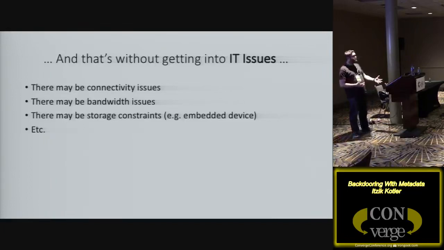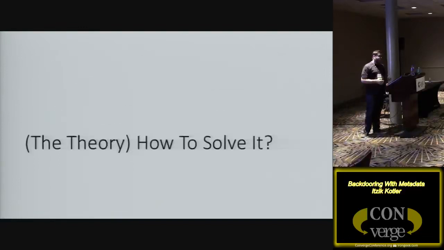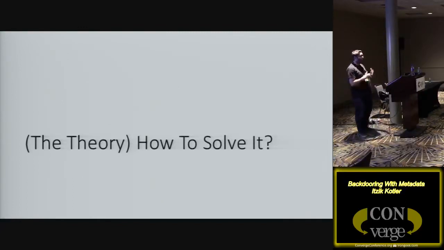There could be connectivity issues trying to get the backdoor, bandwidth issues stuffing the backdoor into the pipe, and of course, depending on the environment, such as embedded devices, storage may be a constraint as well. Now that we have defined the realm of the problem, let's see how we can solve it. We'll begin with the theory, and then we'll combine it all together into working practical attack vectors.